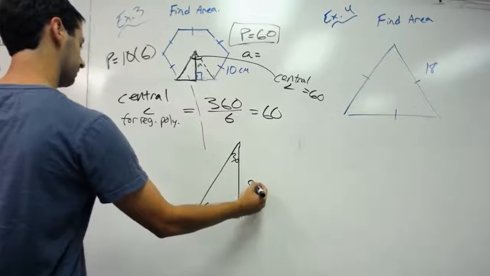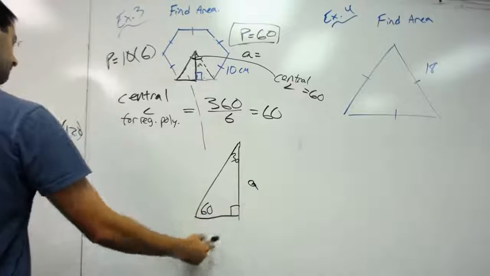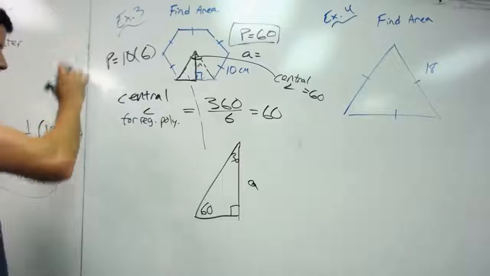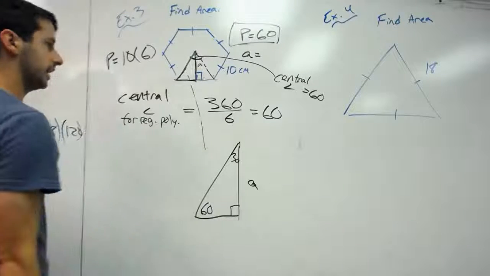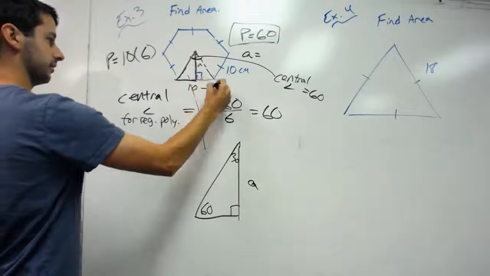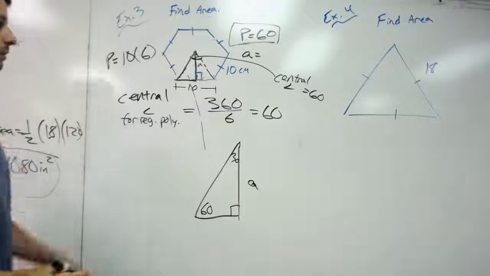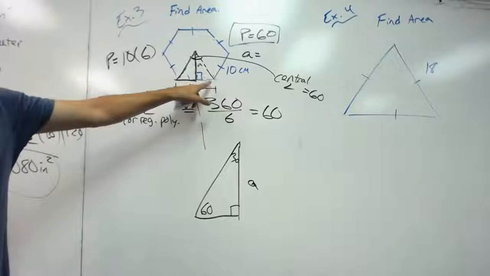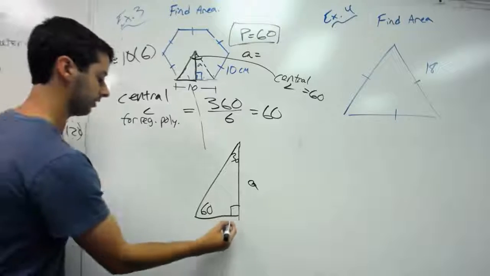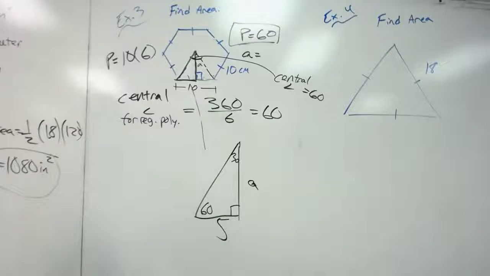Now we're trying to find our apothem, but do we know any of the side lengths? Well, we can't say we know the hypotenuse necessarily, but we do actually know the short side, because 10 is a side length. When we cut this base in half, that would make the base of this triangle 5.